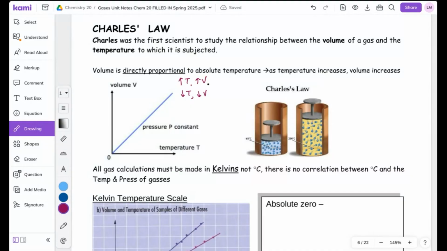This notebook says the reason is that there's no correlation between degrees Celsius and the temperature and pressure of gases, and also 0 on the Kelvin scale corresponds to a complete stoppage of molecular motion. So there's a better correlation when you use kelvins. Always make sure you use Kelvin in your calculations.